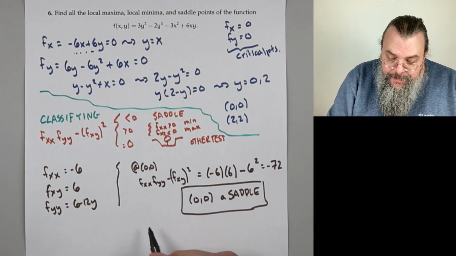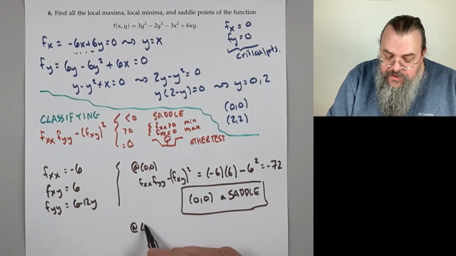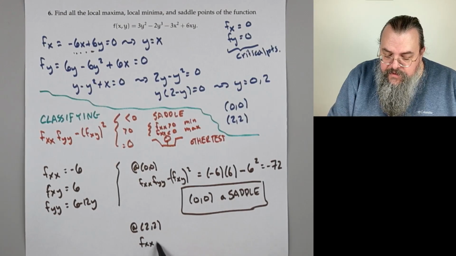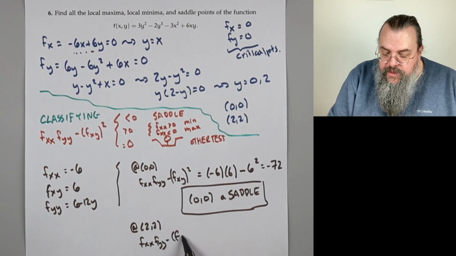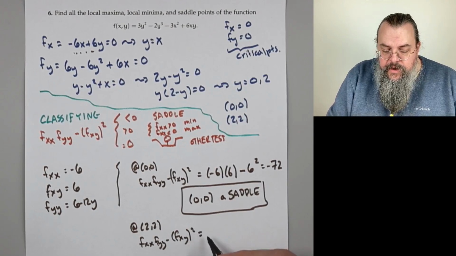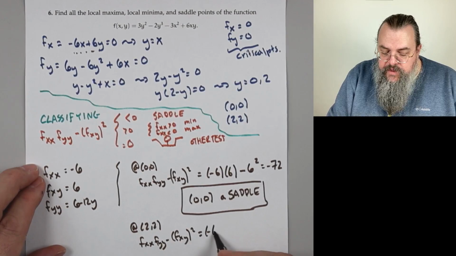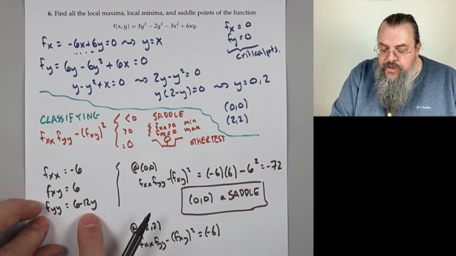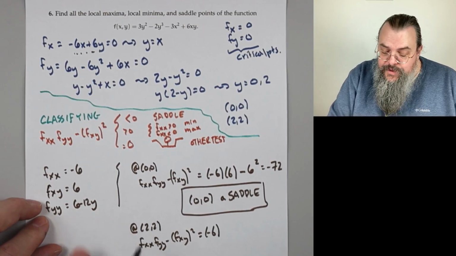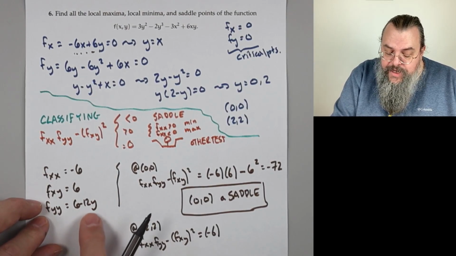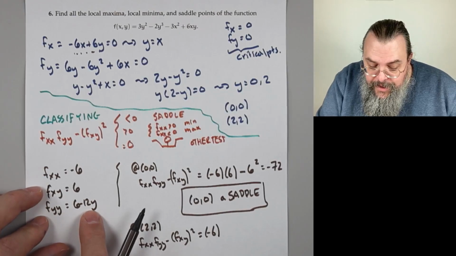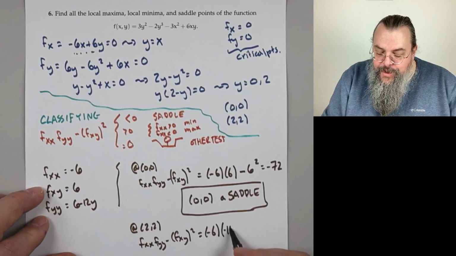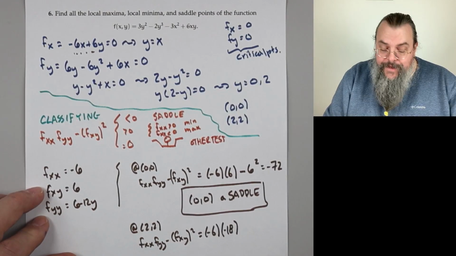Now, what about the other point? At 2, 2, you have fxx times fyy minus fxy squared. So we have minus 6, then we have 6 subtract 12 times 2, so 6 subtract 24, which is negative 18.